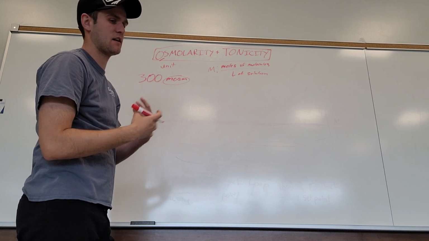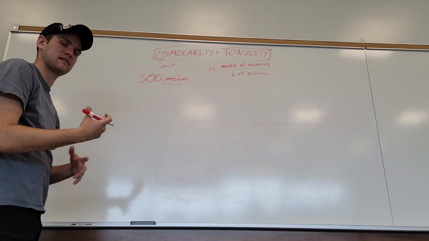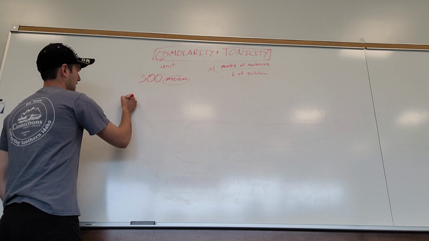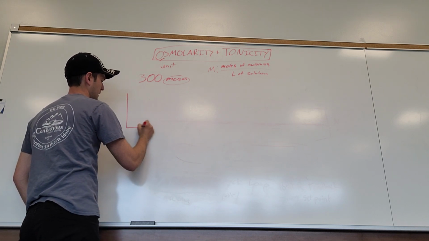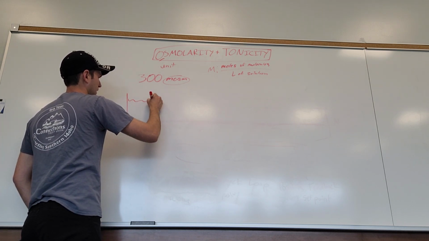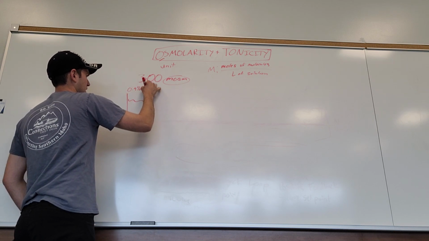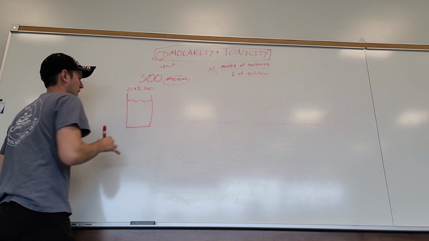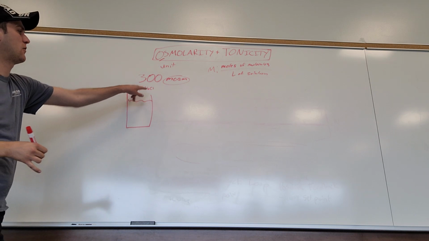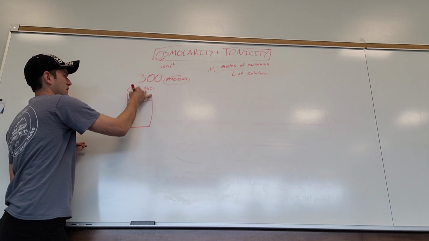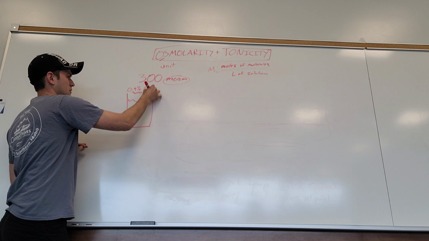Now if we were explaining the difference in osmolarity between, say, a solution and a cell, let's say we have our beaker of solution. We're going to say this is 0.9% sodium chloride. Now 0.9% sodium chloride also happens to have an osmolarity of about 300 milliosmoles.